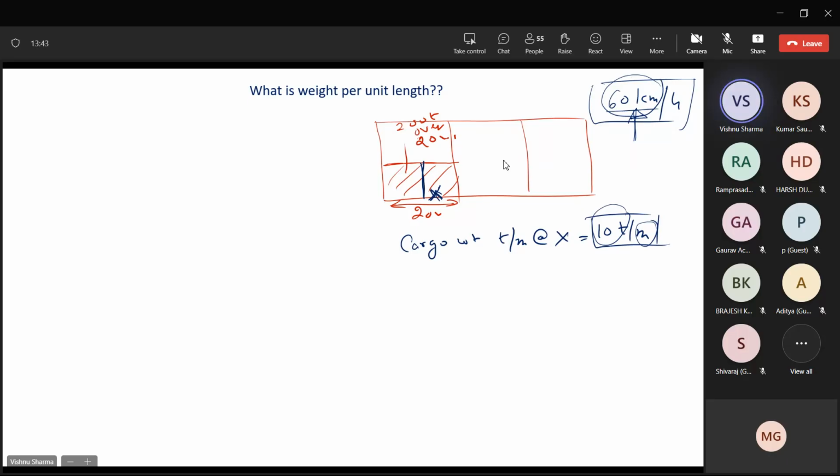Does it mean that, yes or no? That whatever was the speed of the vehicle at the time when I asked you, if that speed was maintained consistently for the next 1 hour, the distance covered would be 60 kilometers. That is what 60 kilometers per hour means. Yes or no? Guys, do you agree? Yes, sir.